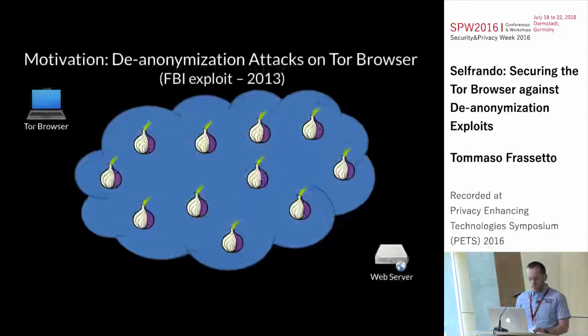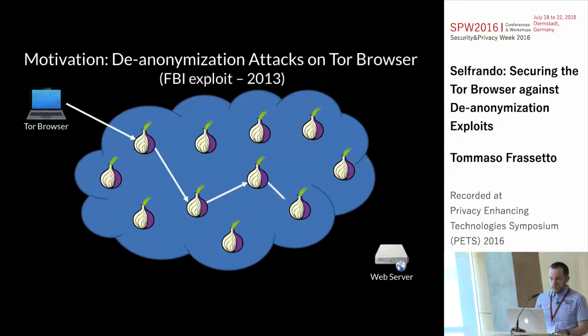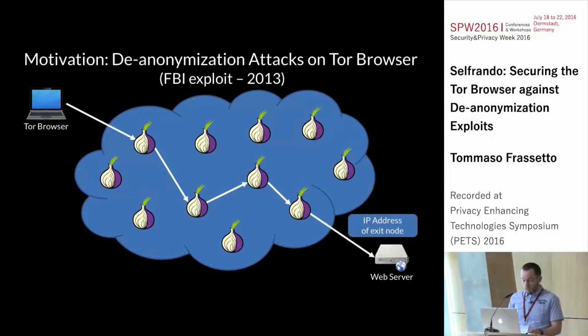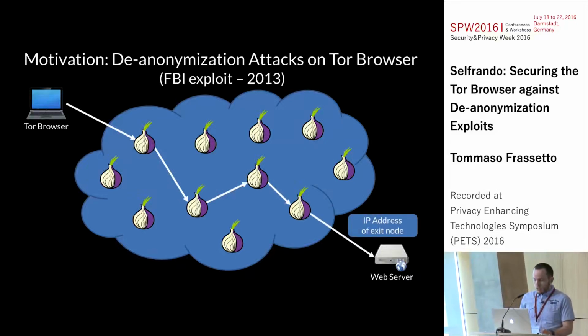with the motivation. I guess you already know what Tor is, but I will do a very short introduction nevertheless. It is a series of proxies that can be used to prevent a web server from knowing the IP address of a particular user that is visiting it.